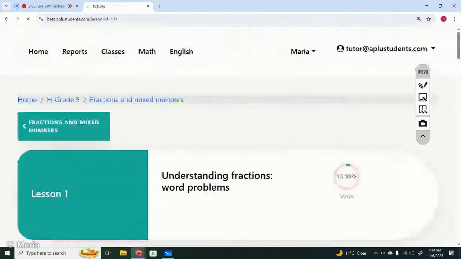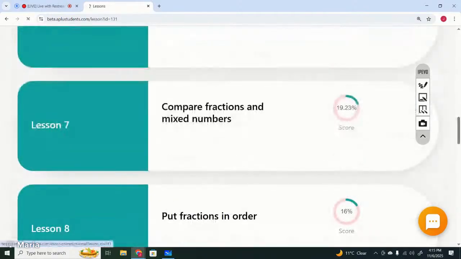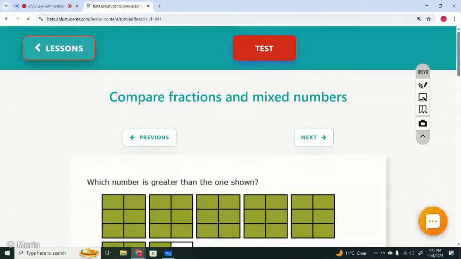The next lesson is compare fractions and mixed numbers.